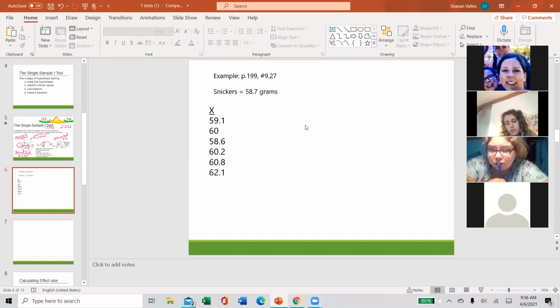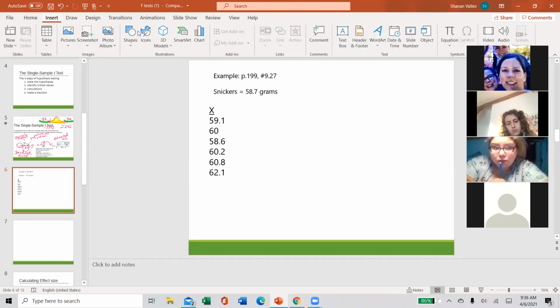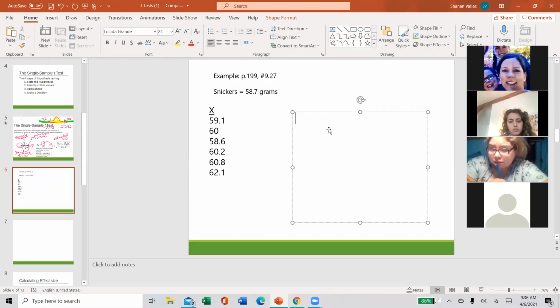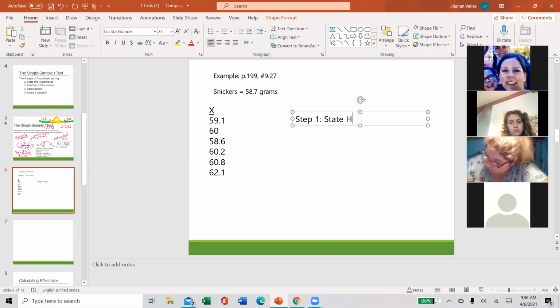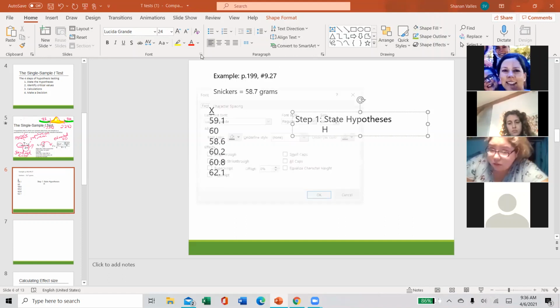And so now we're going to start off with step 1. Step 1 on that other slide was state the hypotheses. Okay. And so this is what we will do. I'll start with the null hypothesis, okay?